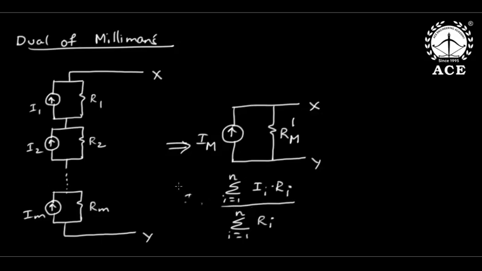And the dual of Millman's resistance is simply sigma Ri, i from 1 to n. There is a meaning here. Remember these formulas, they all come from the source transformation technique. Nothing to worry. Now, very limited problems came, sir, but I am giving you the questions.